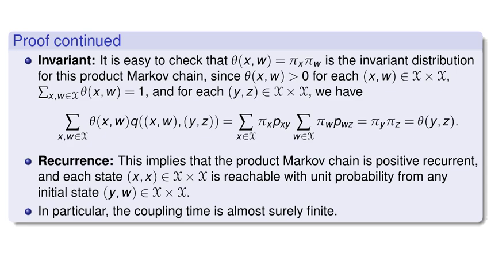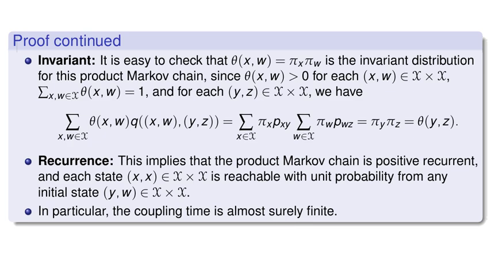Regarding recurrence of the product chain, this implies that our product Markov chain is positive recurrent. Consequently, each state of the form (x,x) in 𝒳 × 𝒳, where both components are the same, is reachable with probability 1 from any initial state (y,w) in 𝒳 × 𝒳.